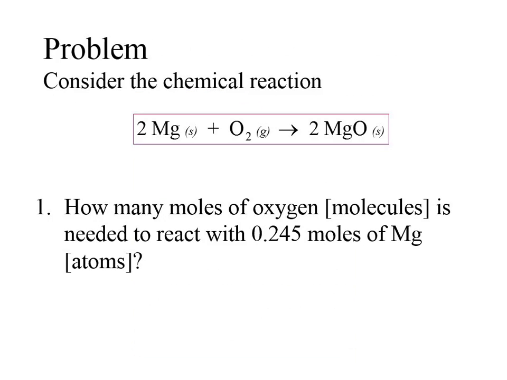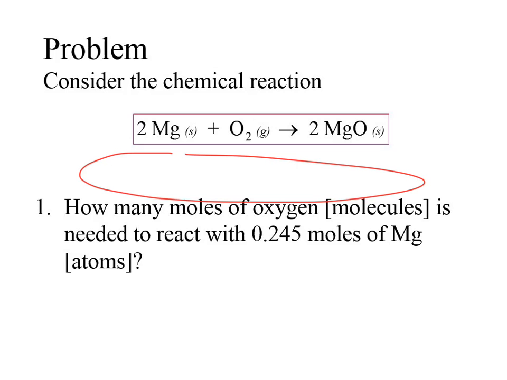So let's go ahead and work a couple of problems dealing with this reaction. We're going to start out with the heart of the stoichiometric calculation, and then we're going to go broader. You'll see what I mean. So when I read these, a lot of times I will diagram underneath the equation what the problem says.